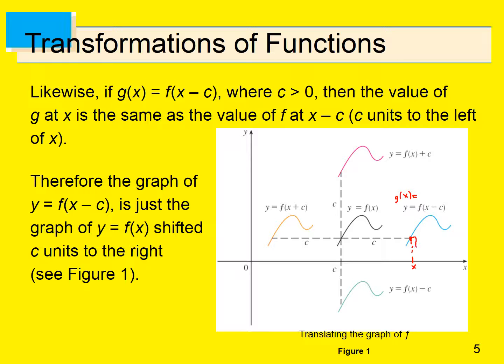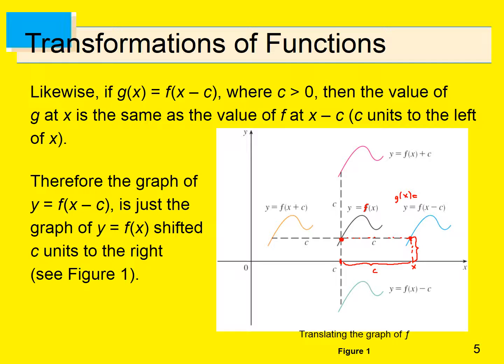That height right there, that's the value of g of x, whatever that distance is, is the same as the value of f, here's f, at x minus c. Well, if that's c right there, that distance is what we're calling c. X minus c puts us here, and the value of f at x minus c is up here, and you can see that it's the same as the value of g at x.